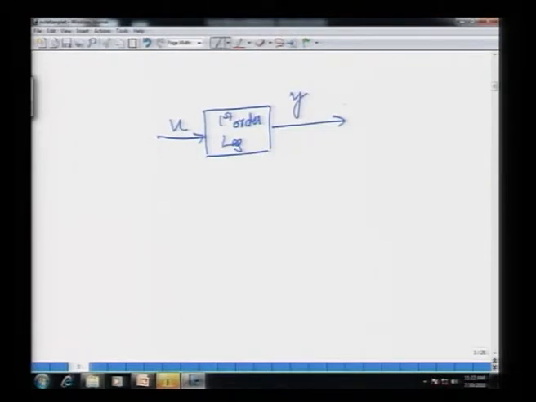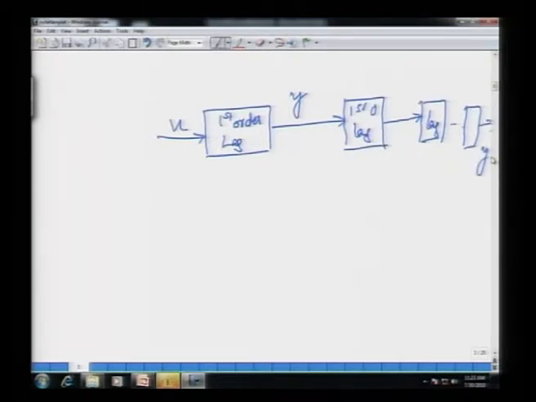If this output is further going into another first order lag, and if this output is further going into another lag, and so on and so forth, what you have is lags in series. Let us say there are n lags in series.